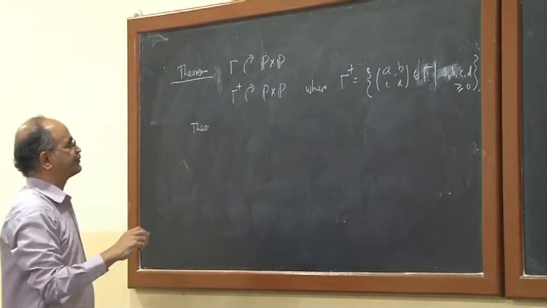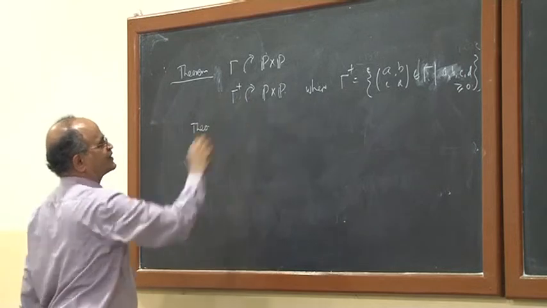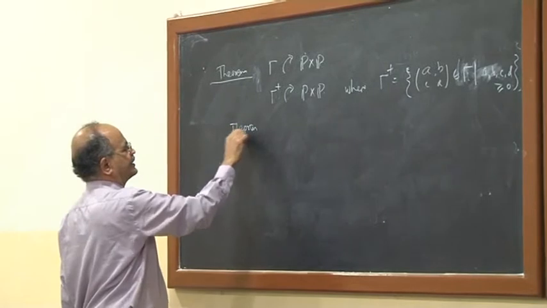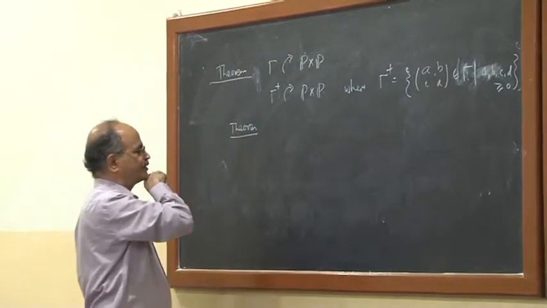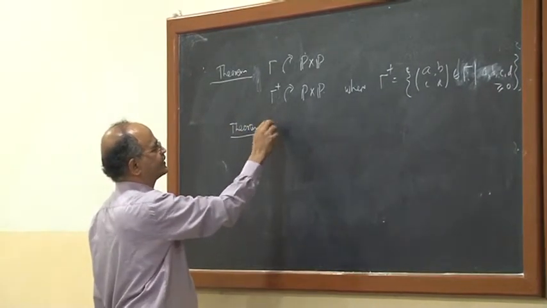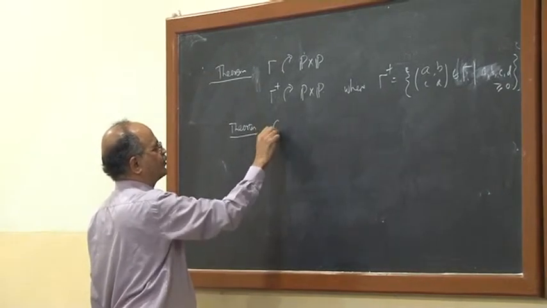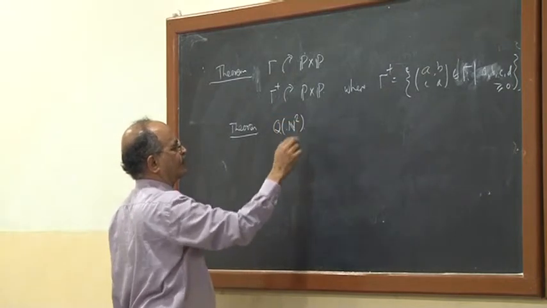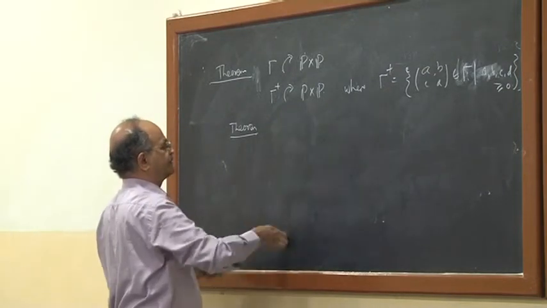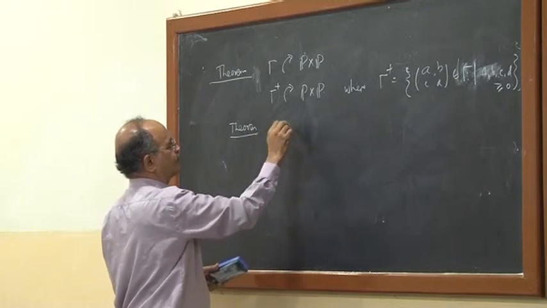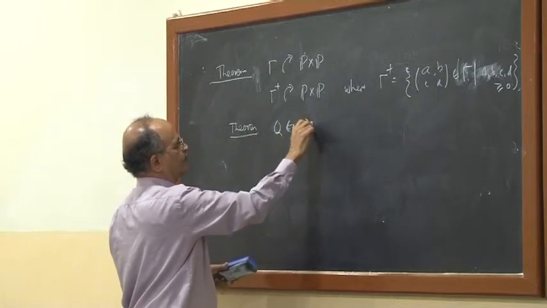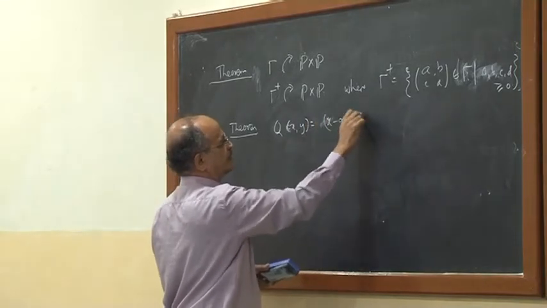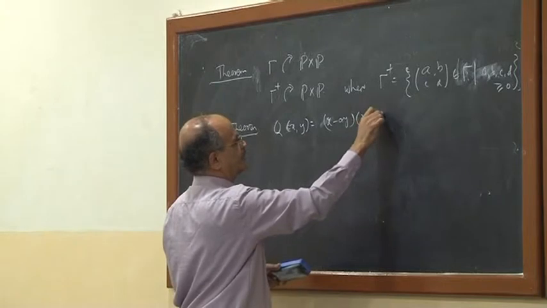It's a semigroup, and one can talk of orbits of the semigroup under the action. Though I will not go into the description of the orbit structure or information on orbit closures, one consequence of it is the following. Let Q of x, y equal (x minus alpha y)(x minus beta y).